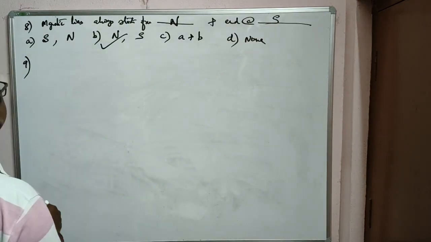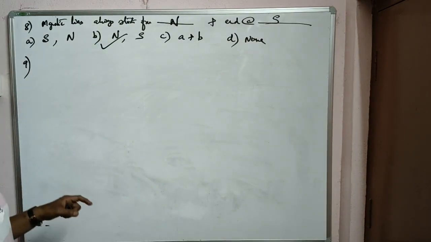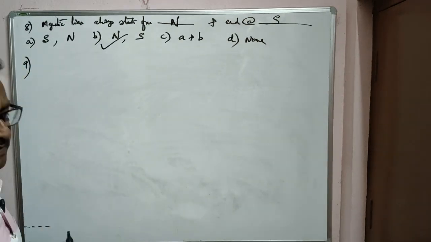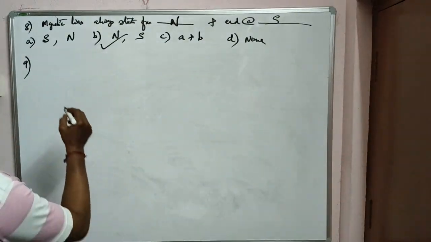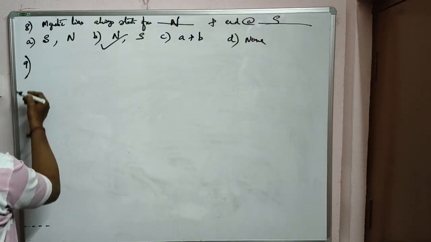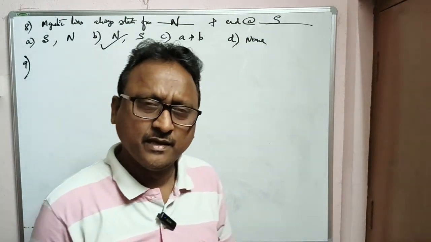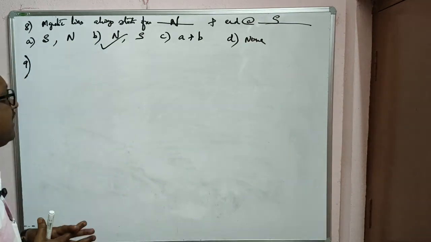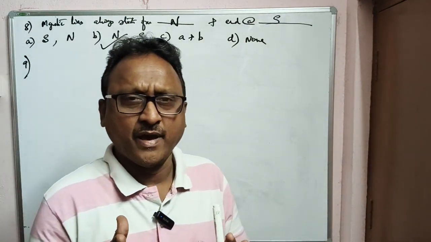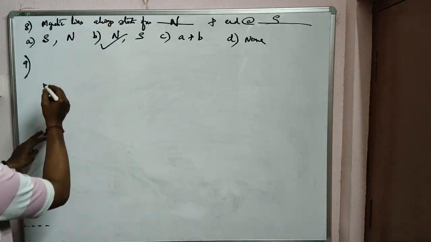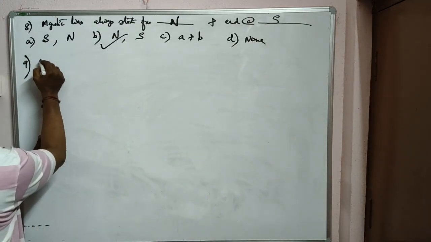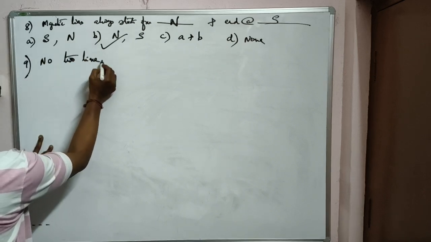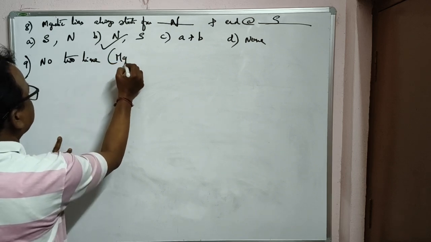Next one, I'll give regarding the rules of the magnets. See, already we discussed the points regarding the rules and regulations of the magnetic field lines. Next one is, no two lines, which means magnetic lines.